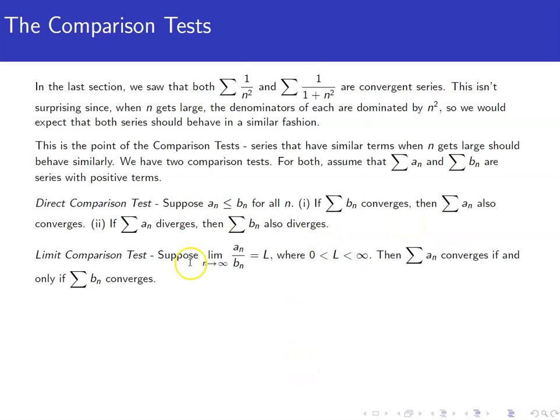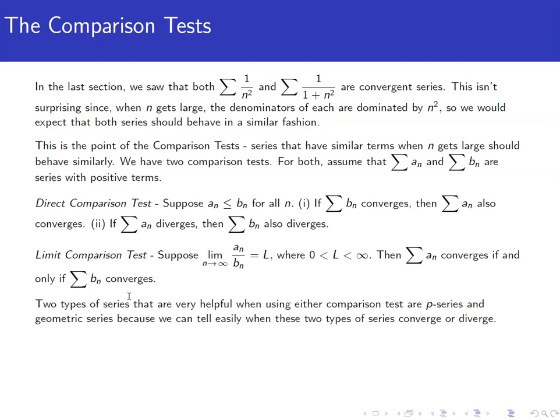What this means is that as n goes to infinity, a sub n and b sub n have similar terms. The ratio settles down to some value in terms of a limit. Then what one series does, the other does. The series of the a sub n converges if and only if the series of the b sub n converges.